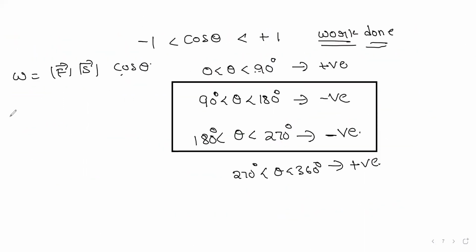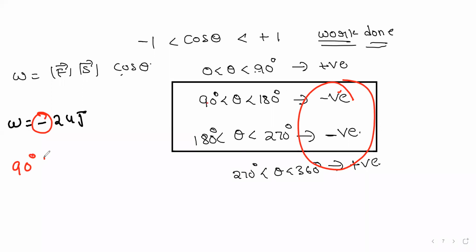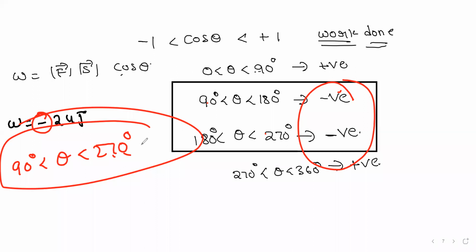Since work done is minus 24 joule, negative, we don't know the exact angle, but the angle can be between 90 degrees and 270 degrees. They can ask questions like this. We don't know the exact angle, but the angle can be between 90 and 270.